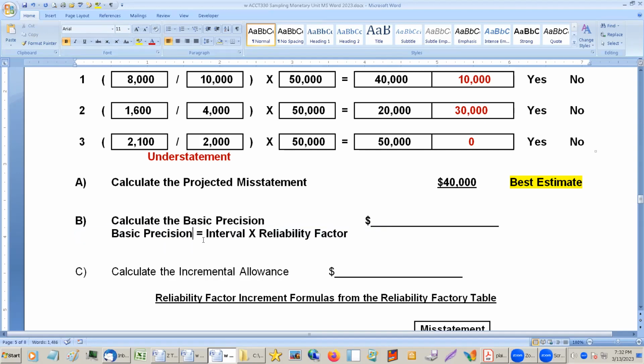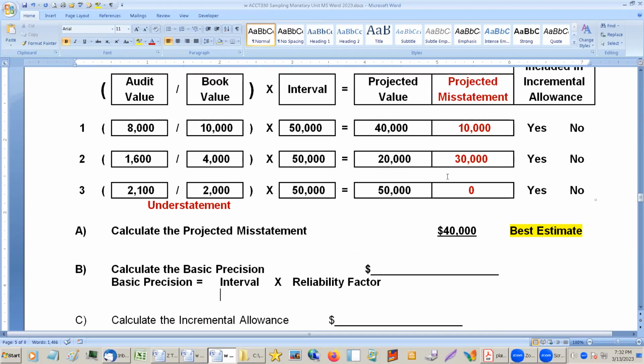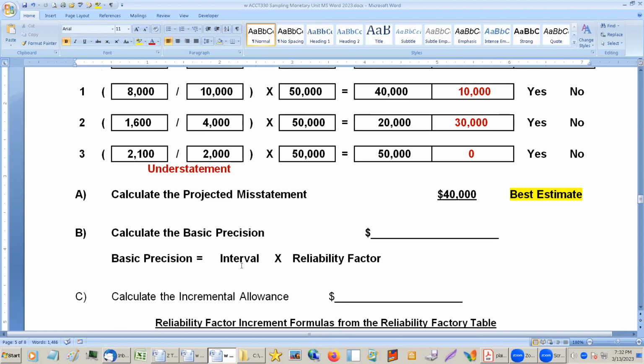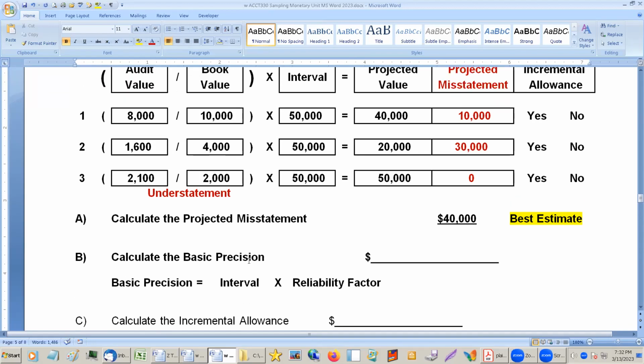Okay, so basic precision equals our interval times reliability factor. Okay, so our interval is how much? $50,000.